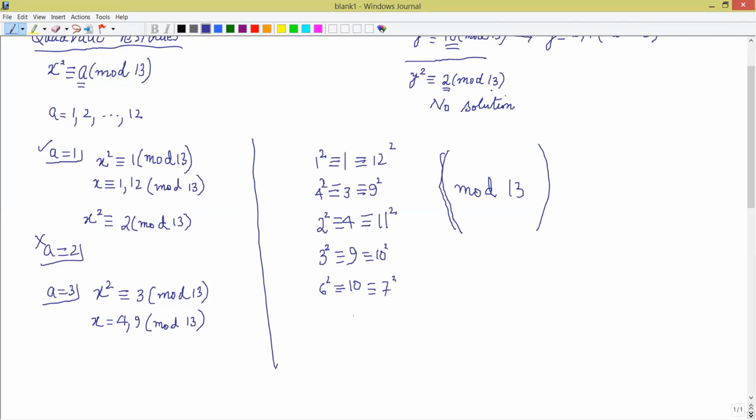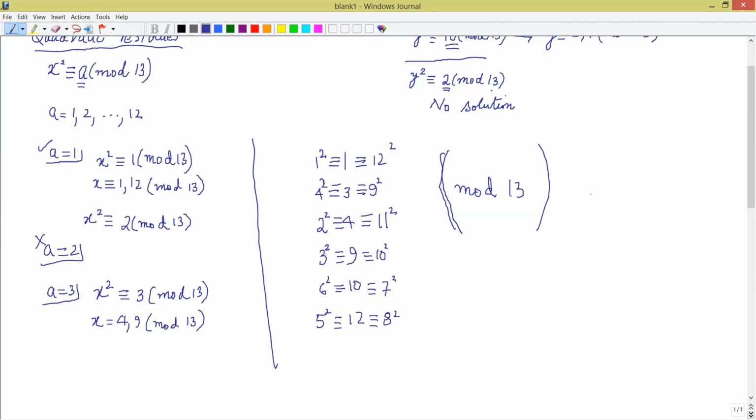And similarly, if 1, then 12 as well. So 12 means 5 square or 8 square. So these are all quadratic residues.